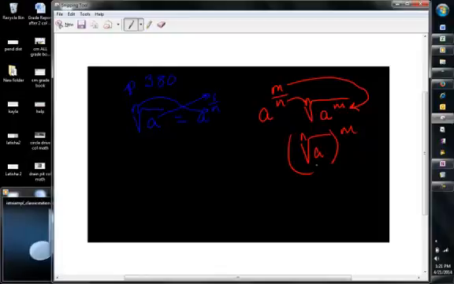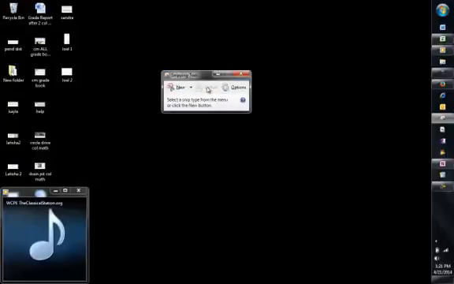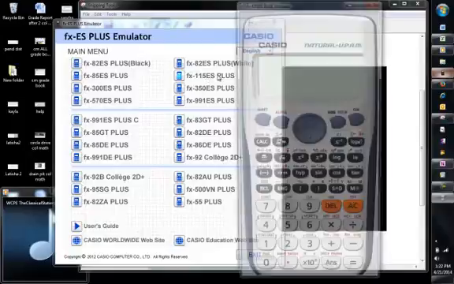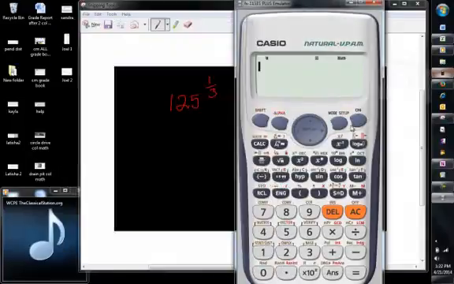Let's turn back then to page 379 and let's look at the first example that they give us. It's 125 to the 1/3. Now on your calculator, you could press 125 to the and then fraction 1/3, and it will tell you that's 5.